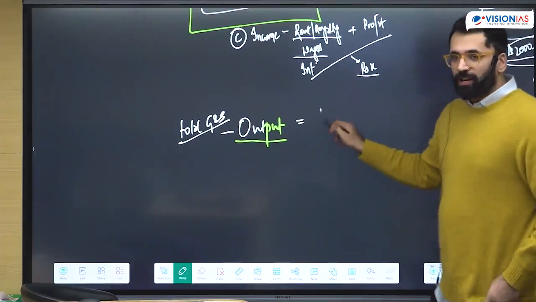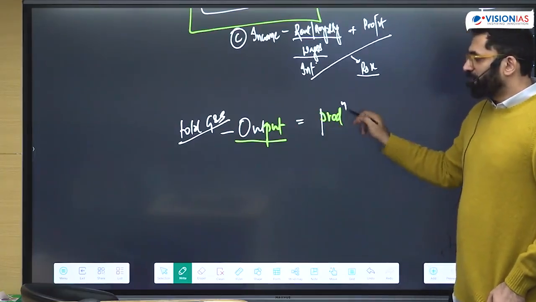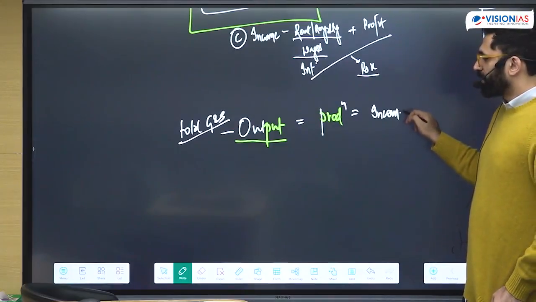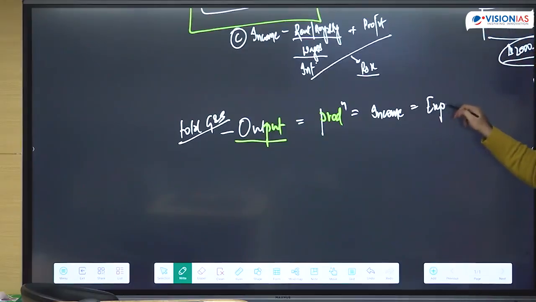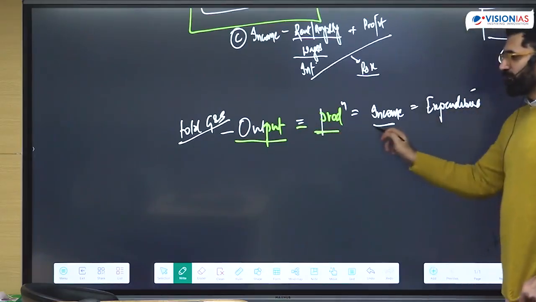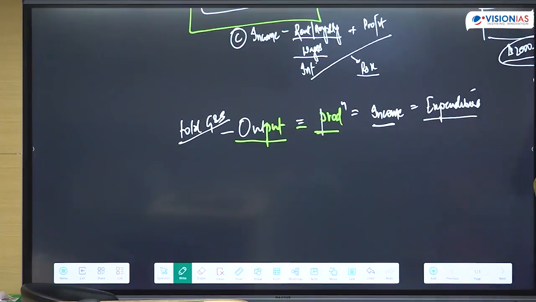Either I measure what is the total production that happened, or I measure the total income, or I measure the total expenditure. All three would come out to be equal. The output is equal to production is equal to income is equal to expenditure. Is this clear? This is why GDP measurement has three methods. Expenditure is equal to income is equal to production.